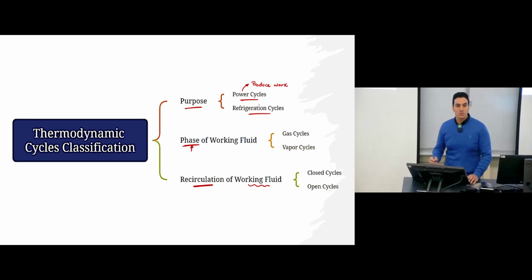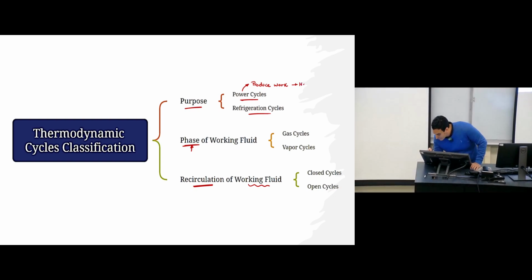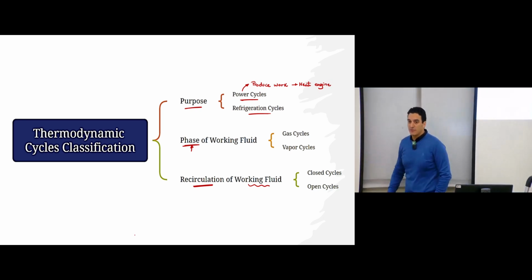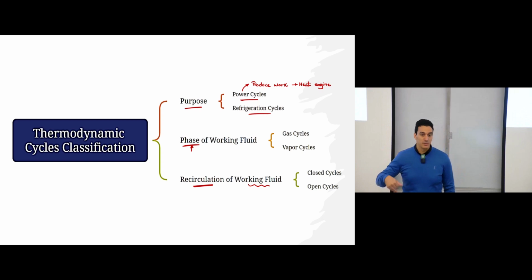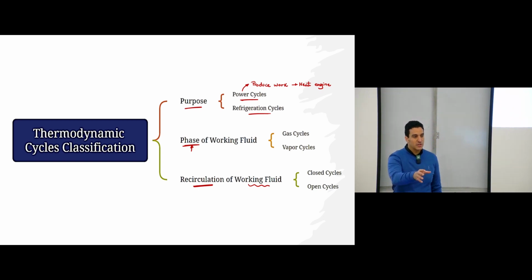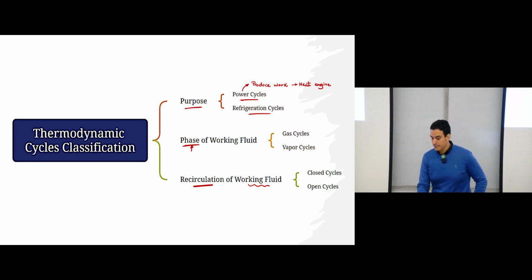An example for this one was the heat engine that we described in the previous chapter. And this will be the third part we have in this chapter, where we talk about different examples of real heat engines. So according to the purpose, if your purpose in the cycle is producing work, producing power, it's called a power cycle, and an example is the heat engine.